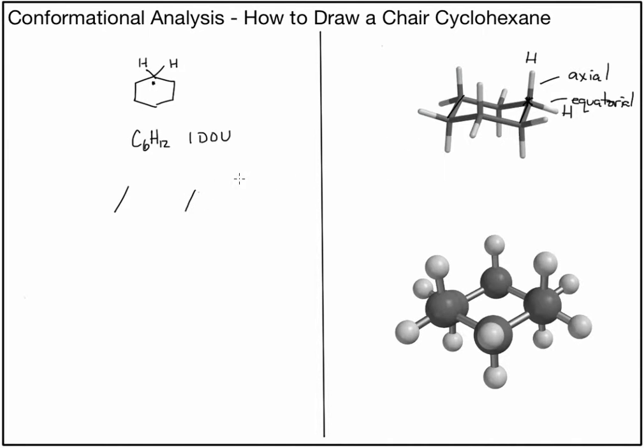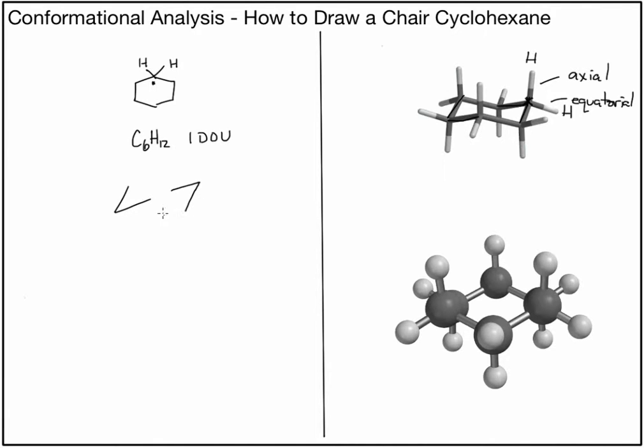Now let's finish off the left-hand side of the molecule. We're going to draw probably a V shape, this bond, and then we're going to draw a parallel bond to that, which is going to be this bond here. That's going to finish off the right-hand side of the molecule. So here's the left-hand side, and here's the right-hand side.